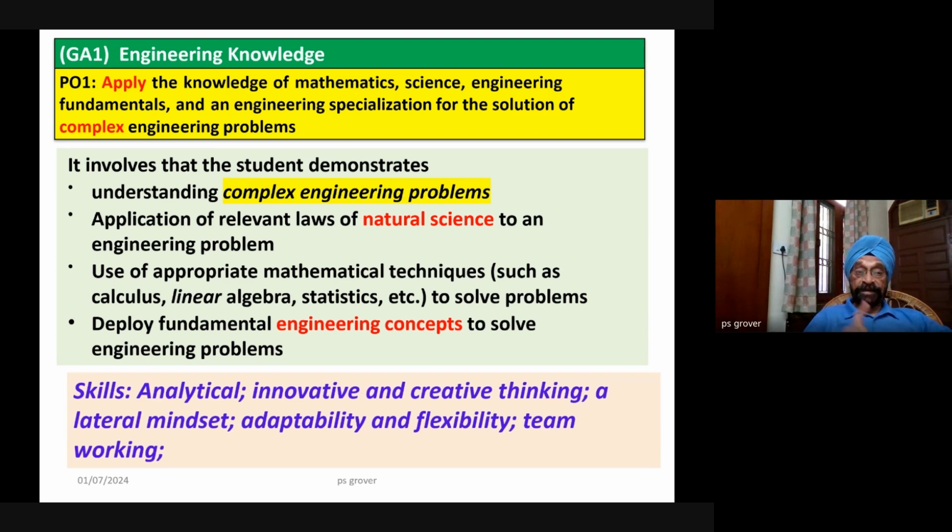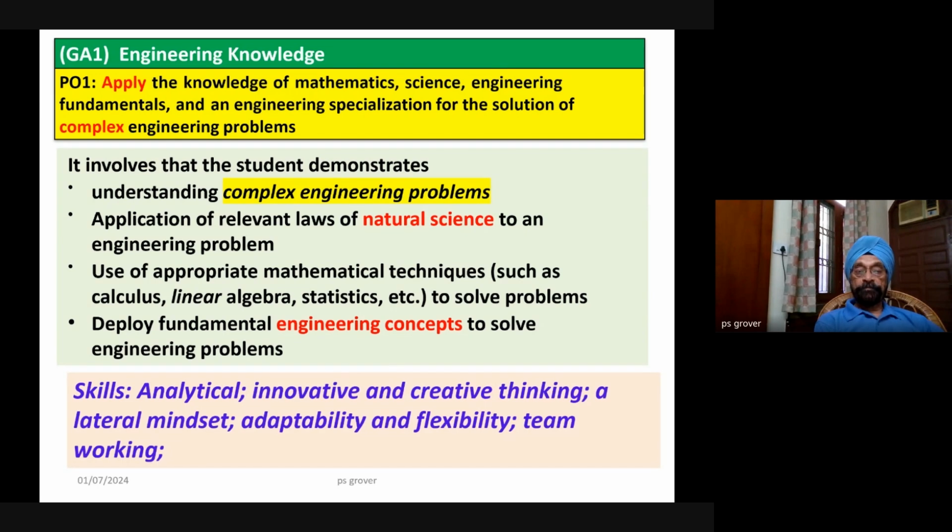Now, please see, when I write a program outcome, let us say I take a BTech engineering program: apply the knowledge of mathematics, science, engineering fundamentals, and an engineering specialization for solving complex engineering problems. When I'm writing this, at the back of my mind I have many things. You see the words apply and complex.